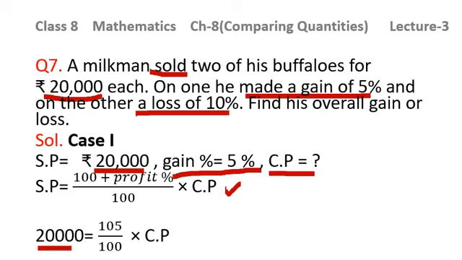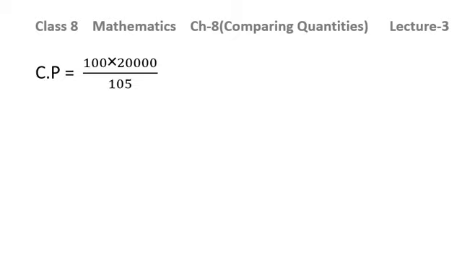Profit percent after adding to 100 will be 105 over 100 into this CP. So if I am writing this formula in terms of CP, it will be 100 into 20,000 over 105. That will give you 19,047.62. So this will be the CP in first case.